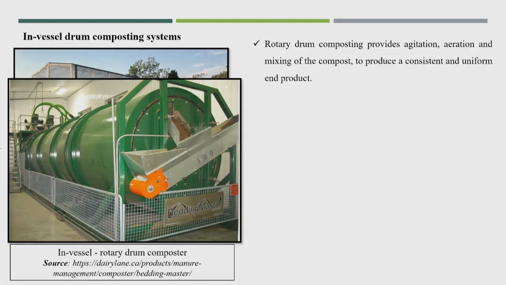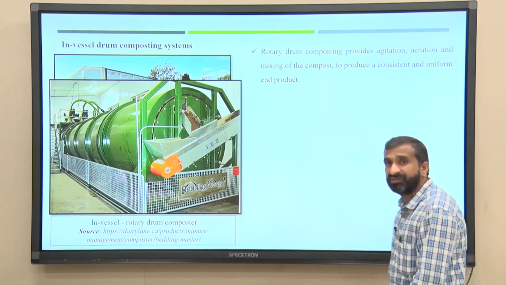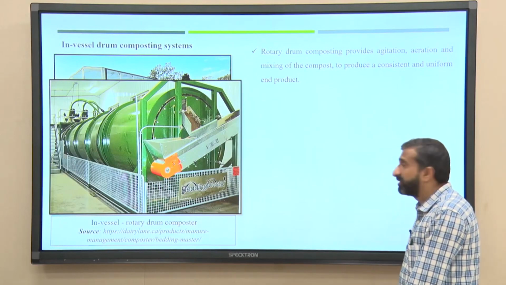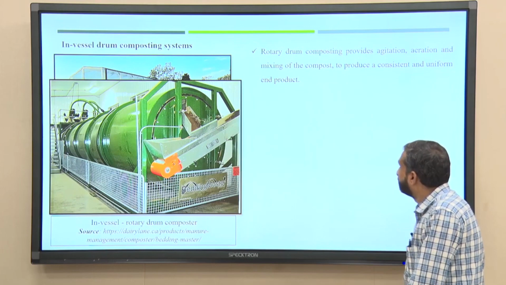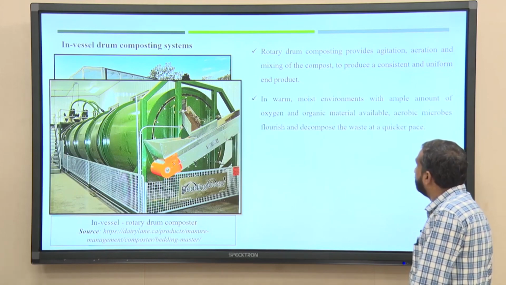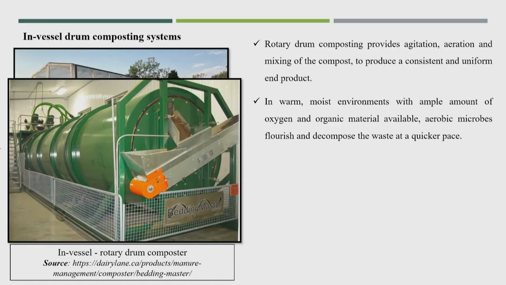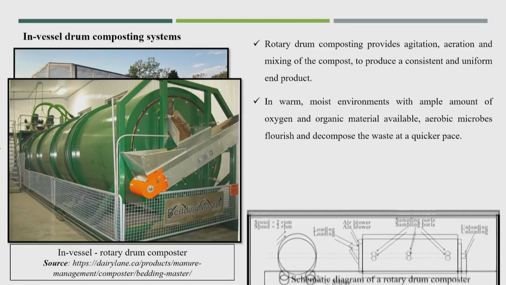In the in-vessel rotary drum composting process, it provides agitation, aeration and mixing of the compost to produce a consistent, uniform end product. So, this is one of the very important or major processes in in-vessel composting, that is the rotary drum. In a warm, moist environment with ample oxygen and organic material available, aerobic microbes flourish and decompose the waste at a quicker pace.